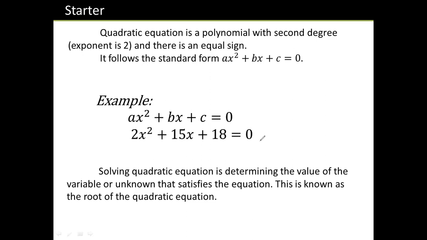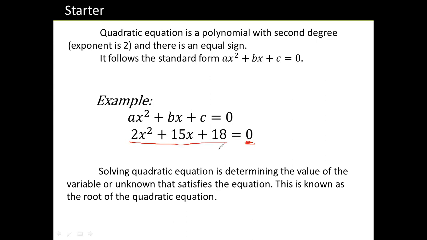So therefore, your x should satisfy the left-hand side. In this example, left-hand side equals the right-hand side. So that means the root should give us the equality of the left-hand side and the right-hand side.